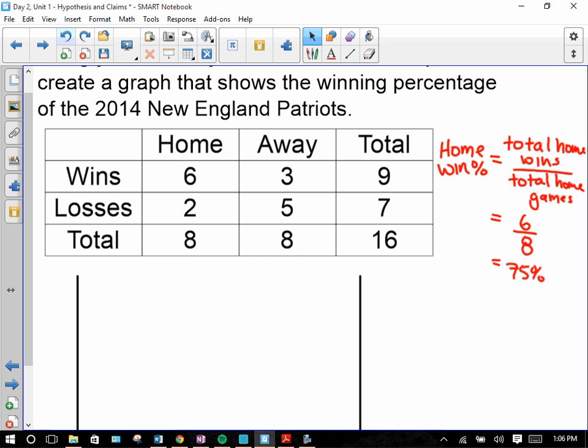I'm going to give you guys 6 minutes to make that graph. Your bar graph can be however you want. It can be a segmented bar graph or regular bar graph. You can do this on a separate sheet of paper. This is part of your notes.